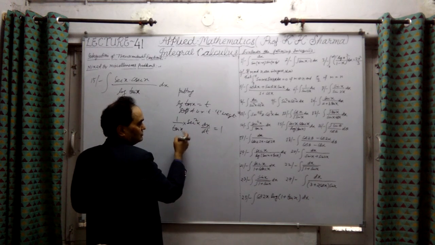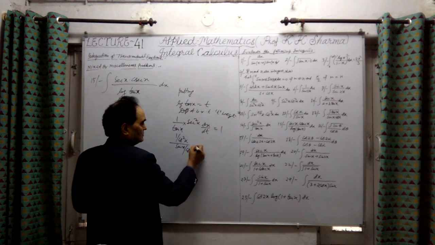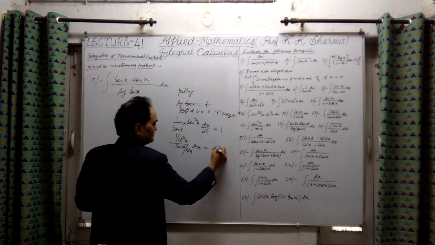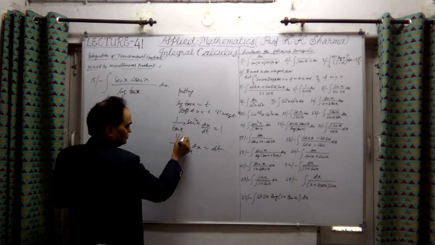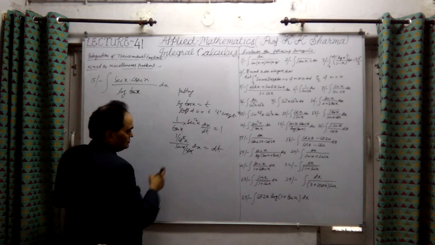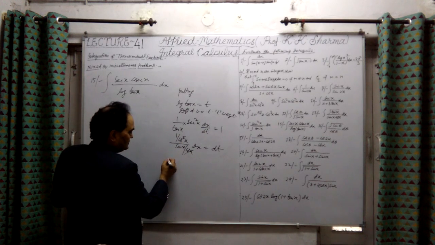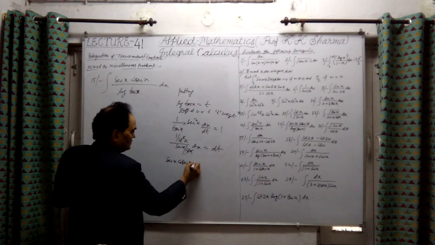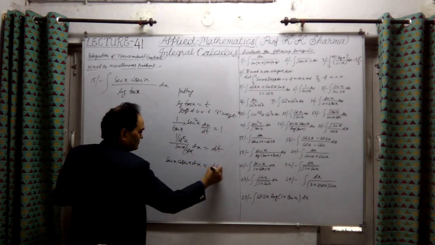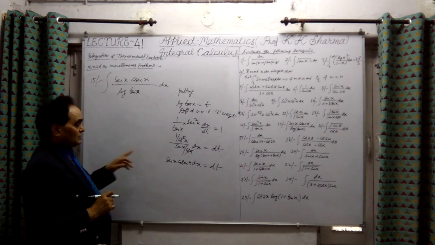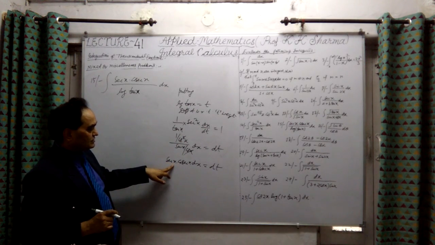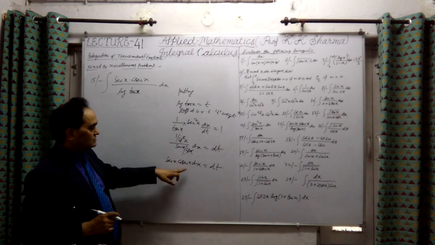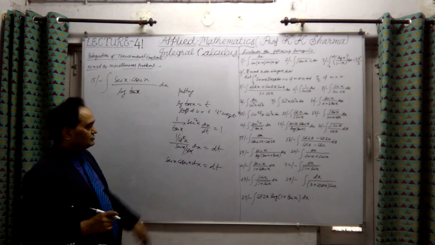Sec²x is 1 upon cos²x upon sin x upon cos x, into dx equal to dt. Now one cos cancelled out. It is 1 upon cos x upon 1 upon sin x. That means sec x into cosec x into dx equal to dt. Got the point? 1 upon cos x is sec x, 1 upon sin x is cosec x.